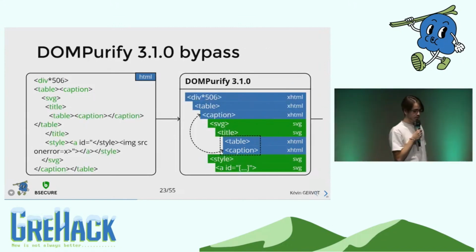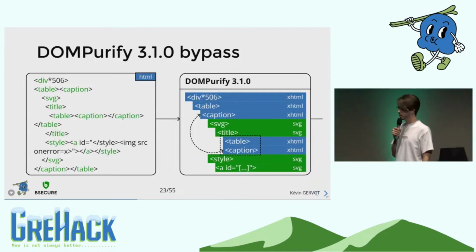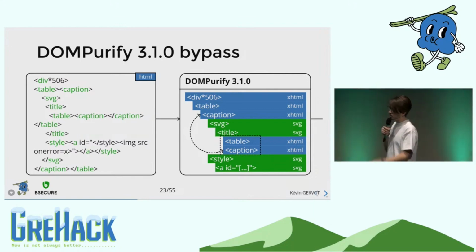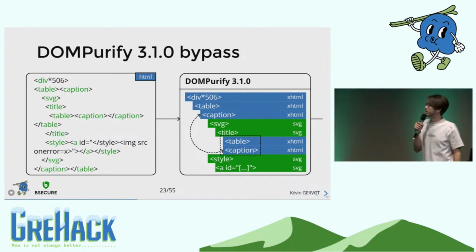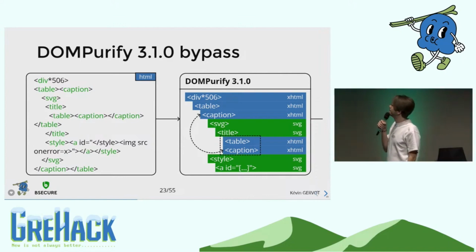So if we sum up, to bypass DOMPurify 3.1.0, on the left we can see that we have 506 divs, and in between we have a style tag at the bottom which contains the payload, and the two nested captions and the two nested tables. On the right, this is what DOMPurify is saying, we can see that the last caption is getting flattened out of the last table tag.